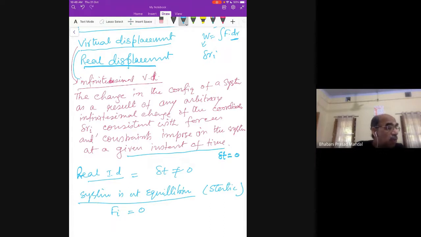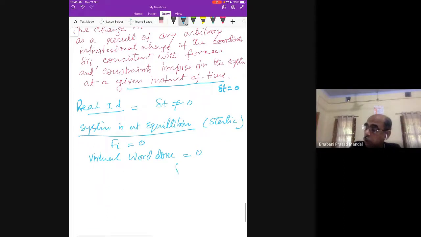So in that case, virtual work done will be 0 because the force itself is 0. So Fi dot delta ri will be 0 because all Fi are 0 for i equal to 1, 2, 3, for all particles. If it is continuous, then also all forces are 0 for a static situation, in the equilibrium situation. But to obtain the equation of motion, we have to come out of equilibrium, that we will consider.